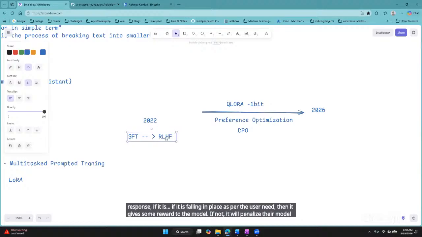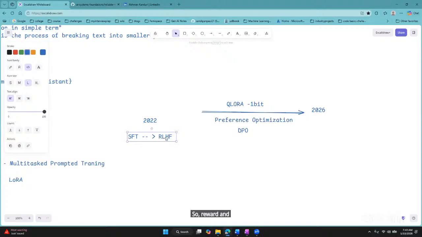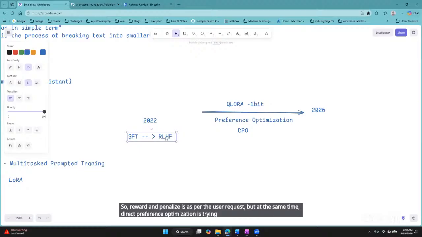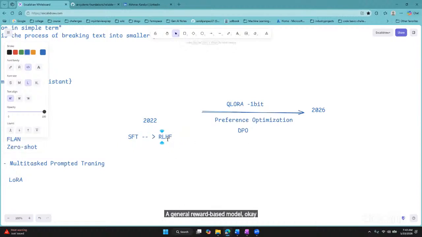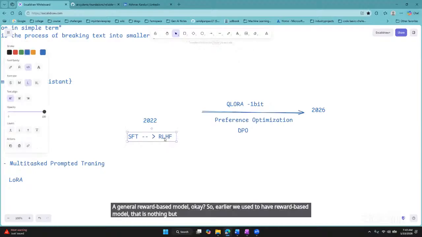So reward and penalty are as per the user request, but at the same time direct preference optimization tries to give better results, and we'll understand what it is when compared to a general reward-based model. Earlier we used to have the reward-based model, that is reinforcement learning, but on top of this, preference optimization came into the picture, and it is giving better results.